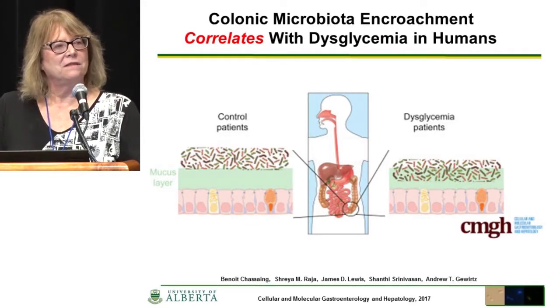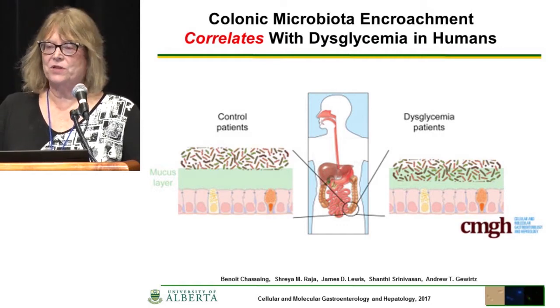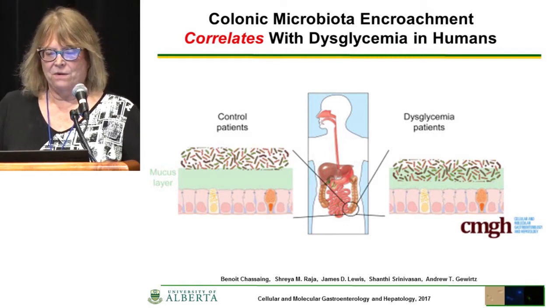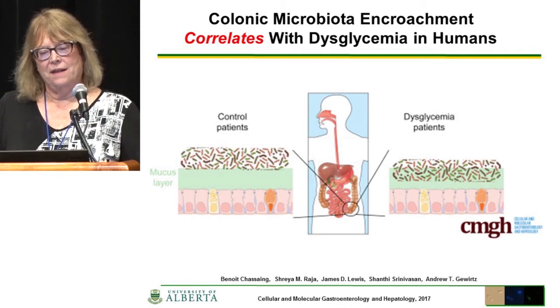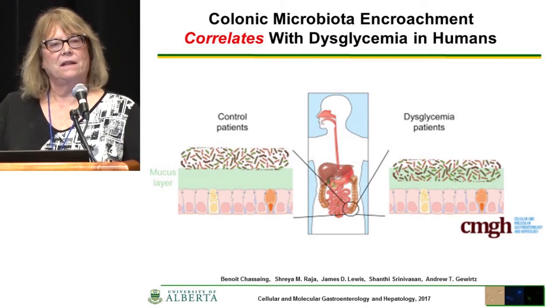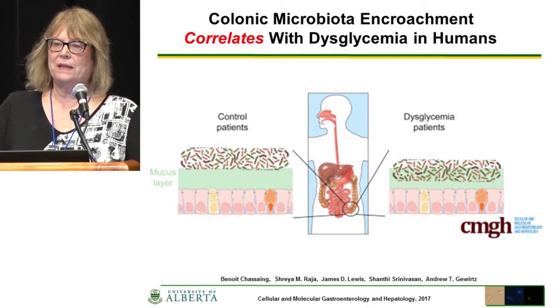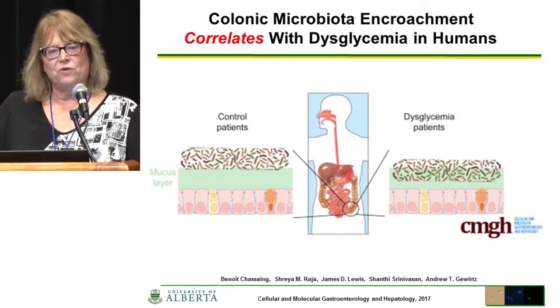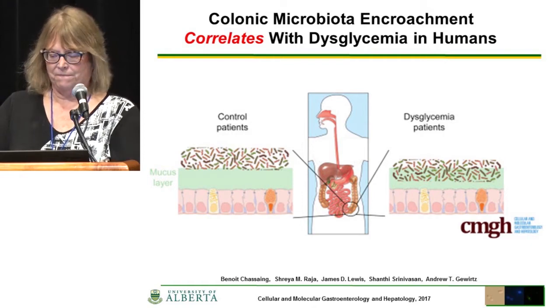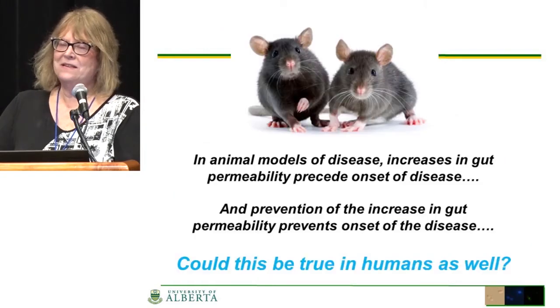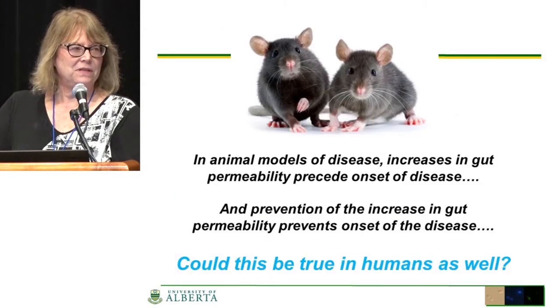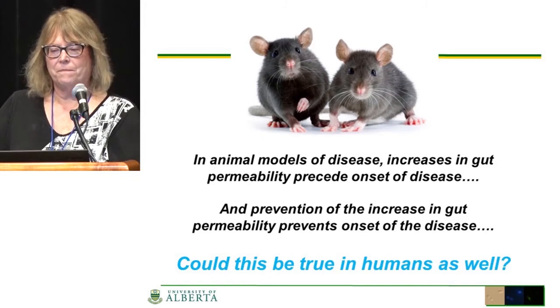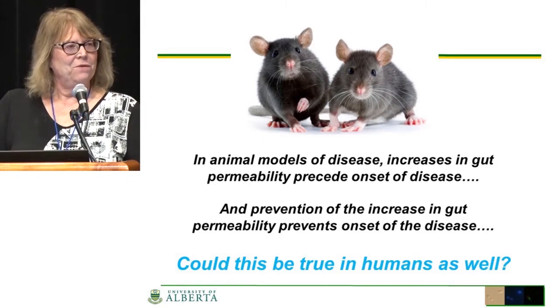A paper that just came out last month showed patients with type 2 diabetes, again with this mucus barrier, having bacteria that are encroaching into the epithelium. So, coming way down, reduced mucus layer, driving host inflammation. But these are all correlation, association type of studies. How do you prove causation?